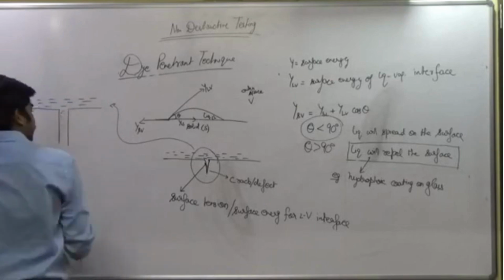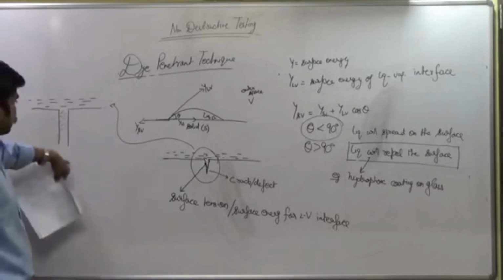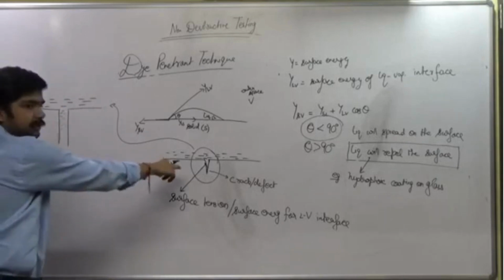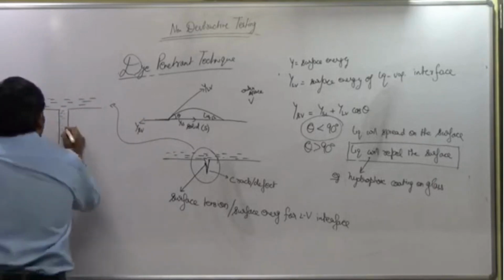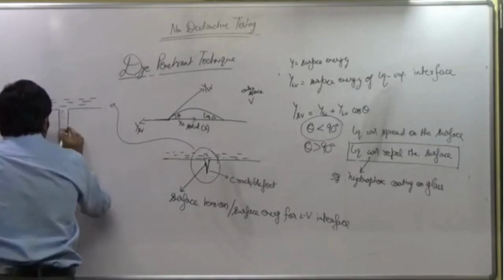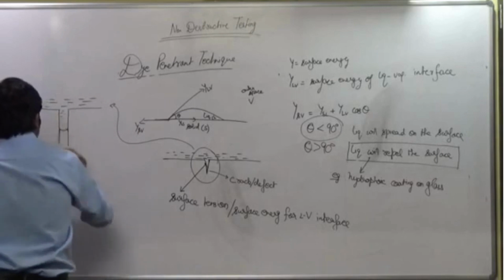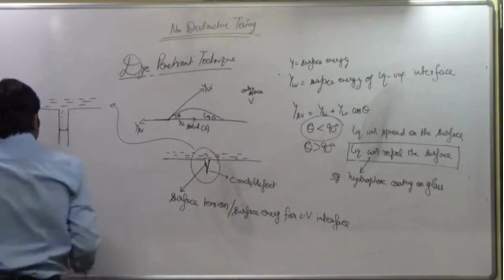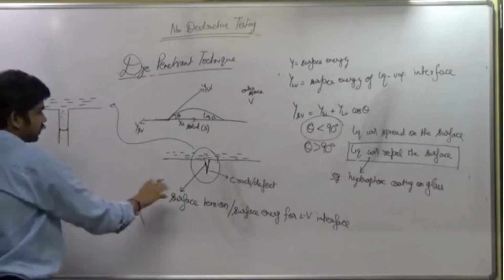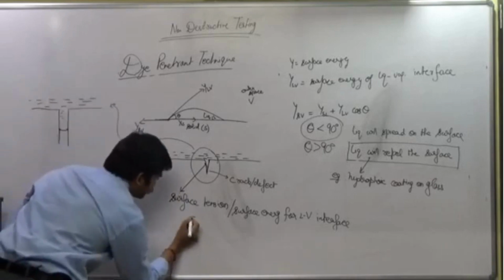Actually, this die is being attracted to the downward side due to the surface tension force which is acting there. This is the same capillary force. Let us suppose that the surface tension which is acting is sigma here.